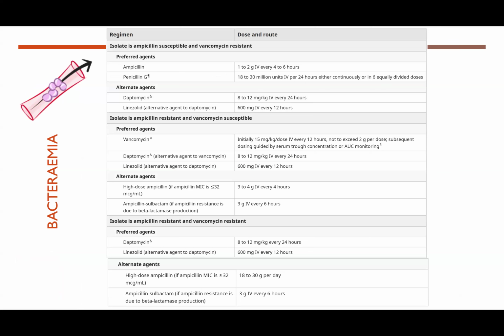Coming back to the major categories of resistance. Remember, we said there was high-level penicillin resistance, then high-level aminoglycoside resistance, and then vancomycin resistance. In terms of therapy for high-level penicillin resistance, when bactericidal activity is needed, as in endocarditis, vancomycin, in some texts teicoplanin where it is available, or even IV daptomycin could be considered, used together with an aminoglycoside.